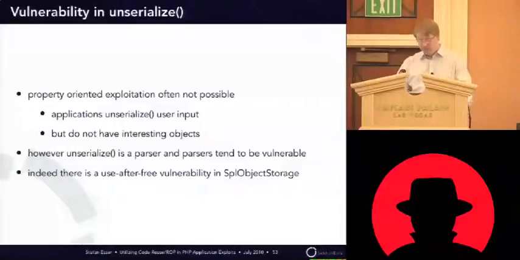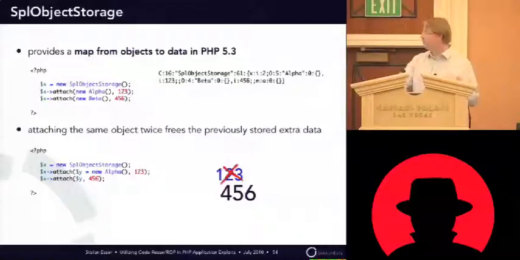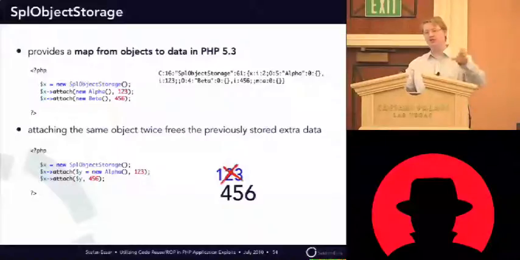So it will not work on most of the new PHP versions, but no one is using the latest PHP version anyway. So the idea of the bug is that SPL object storage is an object map. So you can put objects into there and map some extra data to it. So for example, you can put 1, 2, 3 as extra data for the alpha object, and you put 4, 5, 6 for the beta object as extra data.